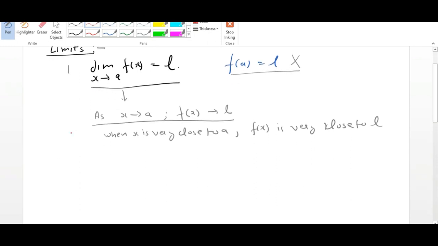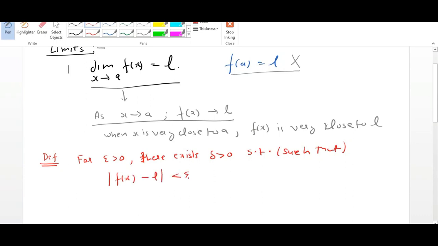The proper definition of limit x approaches a, f of x equal to L, is that for epsilon greater than 0, there exists delta greater than 0 such that mod of f of x minus L is less than epsilon whenever mod of x minus a is less than delta, and epsilon greater than 0 as small as possible.